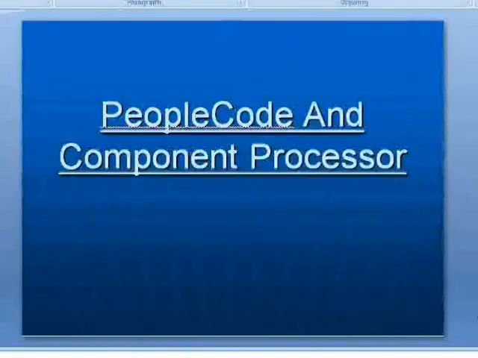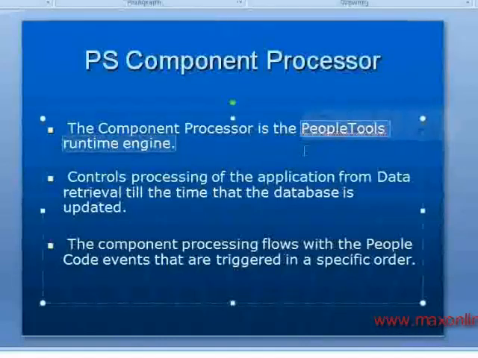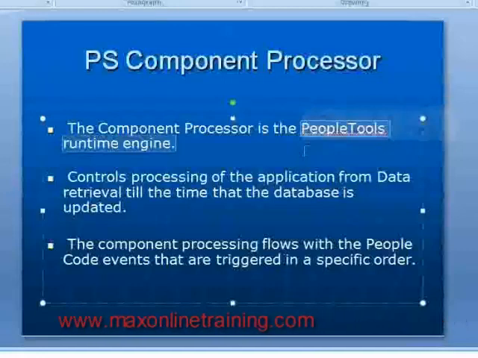Component processor is just the PeopleTools runtime engine, and it will take care of the entire process flow, from data retrieval at the search page to the database being updated. That means from entering the search page to database update, when at the end you save the transaction. What will it do?